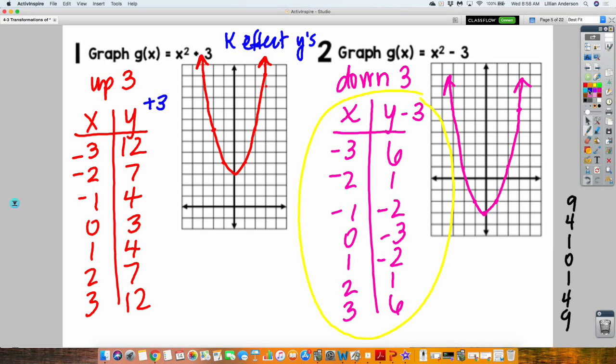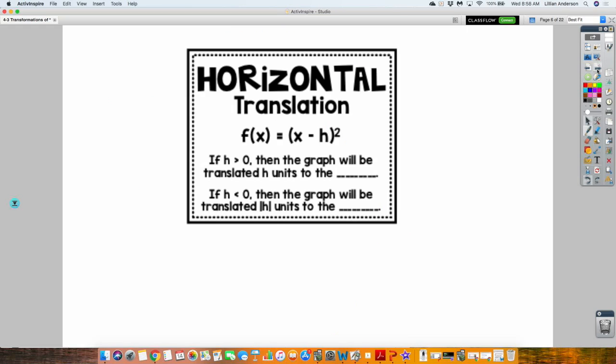Let's look at horizontal translations, okay? Horizontal translations deal with H. There's a difference between a horizontal translation and a vertical one. Horizontals are inside of the parenthesis, okay? So if you don't have a parenthesis, you're not going to have a horizontal translation. No parentheses, no horizontal translation.